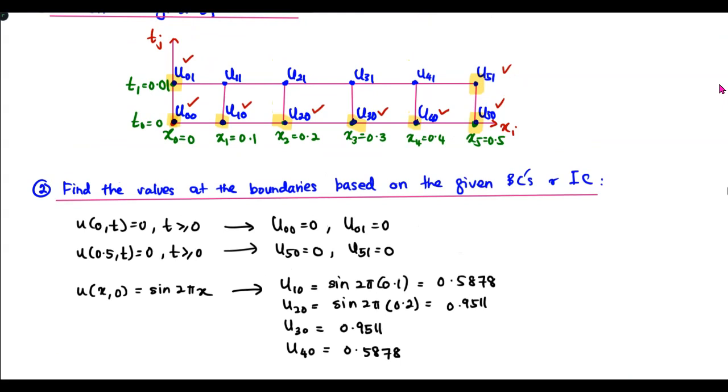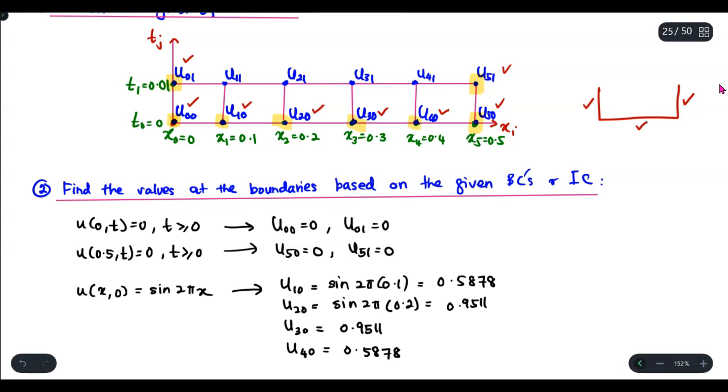If you imagine this domain based on the boundary and initial conditions, you know the value of u at your left boundary, at the right boundary, as well as at the bottom part. What's left that you need to get is u11, u21, u31, u41.